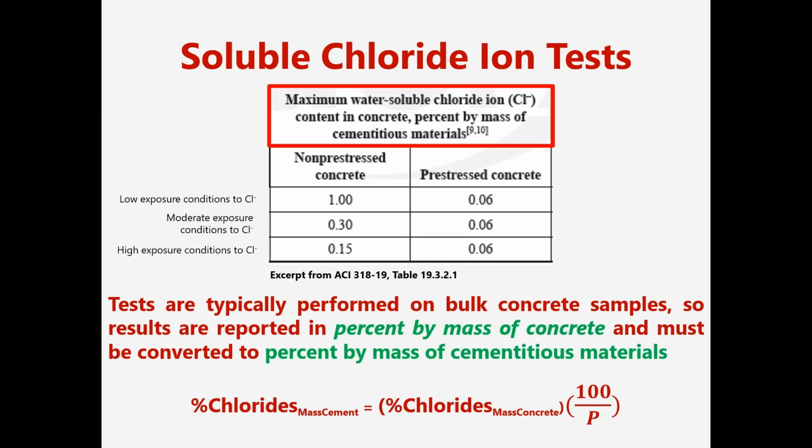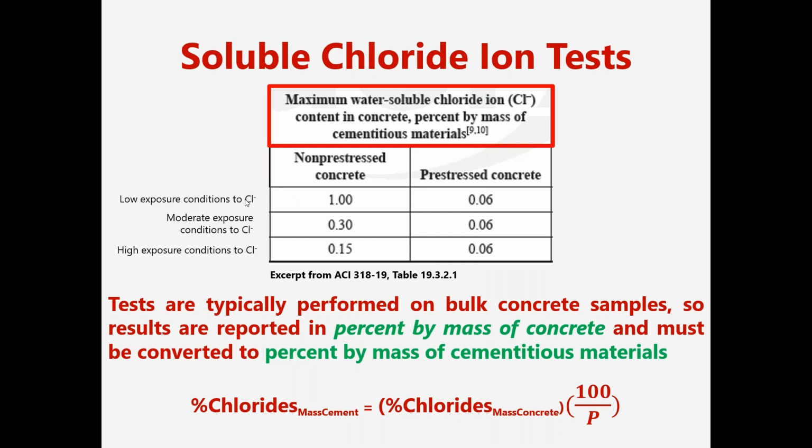So this is an excerpt of the table from ACI 318 19.3.2.1, and it gives us the maximum water soluble chloride ion content permissible by 318, depending on what your exposure conditions are.